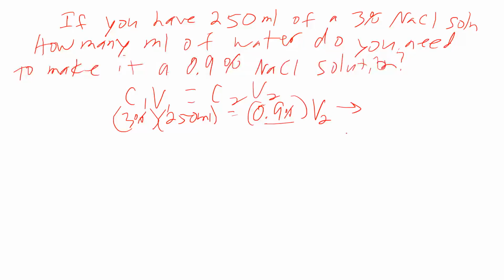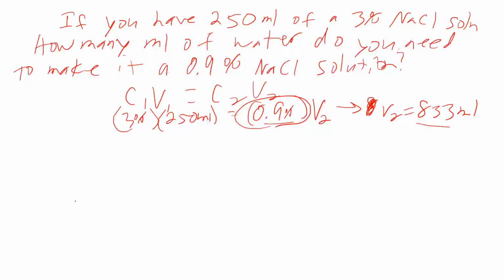So V2 equals 833 milliliters. So that's the total final volume because this is 0.9%. So we know that this is the final volume V2 of the 0.9%.